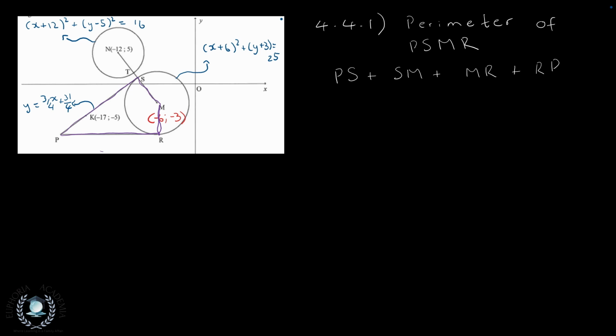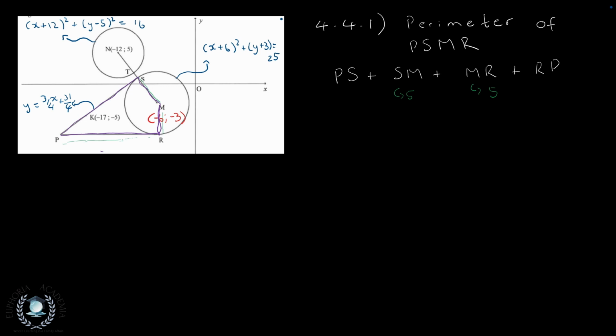SM is this radius here, so it's the radius of the big circle. SM will be 5 units. MR will be 5 units, and then RP is this tangent over here. We can see that RP originates from P and goes to R, and then PS originates from P and goes to S and touches the same circle.